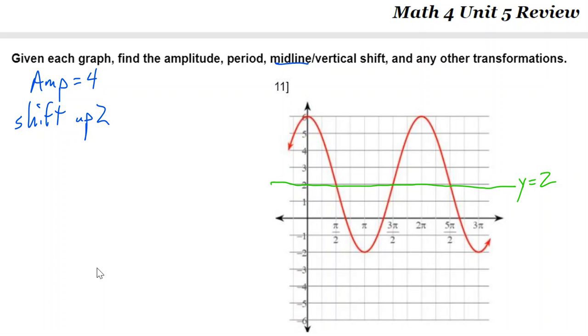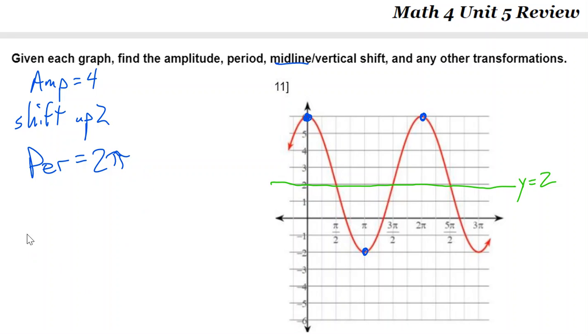Now what we need to do is figure out the period. Now this thing starting here and ending there looks very much like a cosine. And our period appears to be 2 pi. So we can just mark it as such.